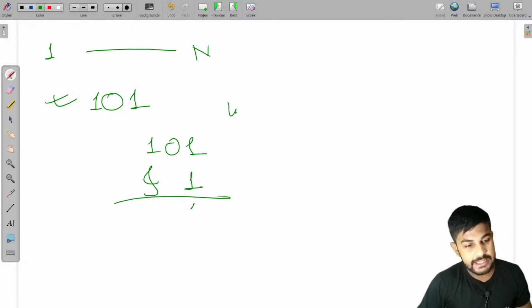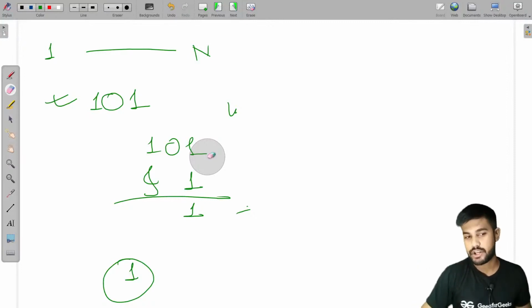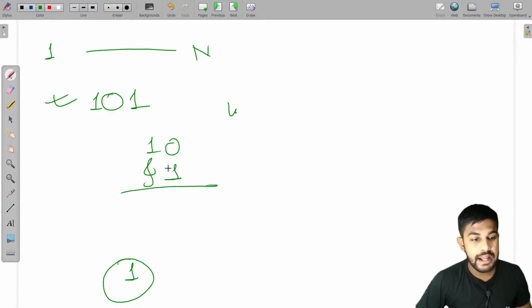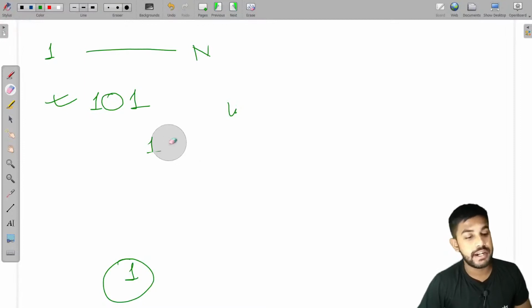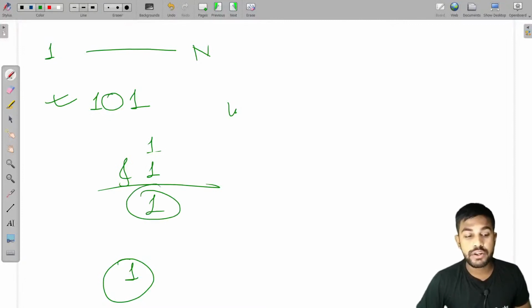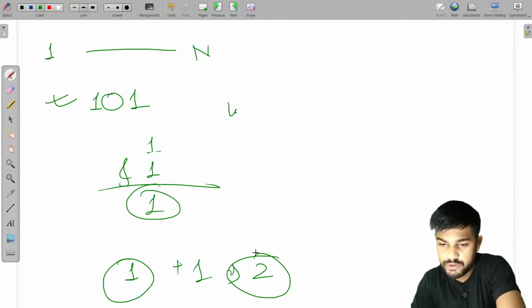If the answer is 1, we would increase the count. Then we would do a right shift of that number, and again do an and with 1. Now the last bit is 0, so we won't count it because that is not 1. Again we would do right shift till the number is greater than 0. Again we would do and with 1, and this is 1 itself, and we would increase the count 1 plus 1, that is 2 here. This is how we would proceed.